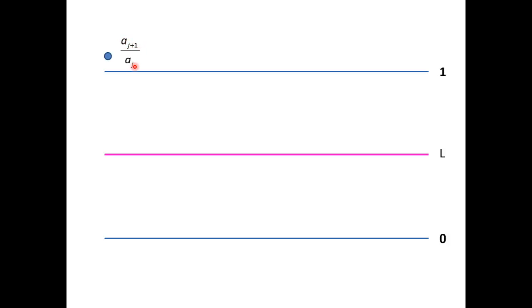So for example, let's suppose we're talking about this sequence, the ratio of the successive terms, like a sub j plus 1 over a sub j. And here we calculate that ratio. Here's a sub j plus 2 over its preceding term. We get over here to a sub capital N plus 1 over a sub capital N. Now, what we're saying is no matter how small of a neighborhood I pick around the L, there's going to come a place where if I go beyond that, all the values of the sequence of ratios are going to be within that neighborhood.